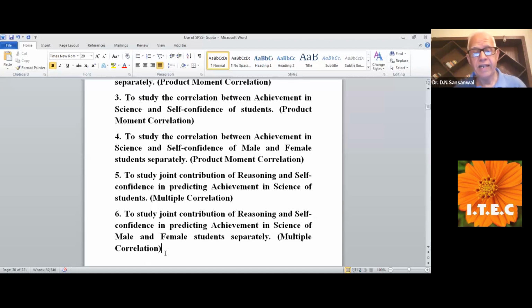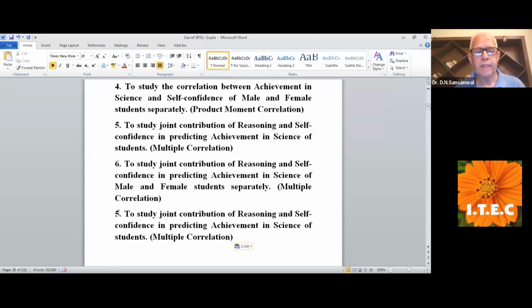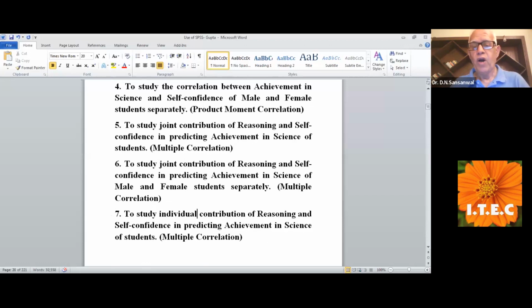I can write another one. This is 7. To study individual contribution of reasoning and self-confidence in predicting achievement in science of students. Here you have to use the regression analysis.